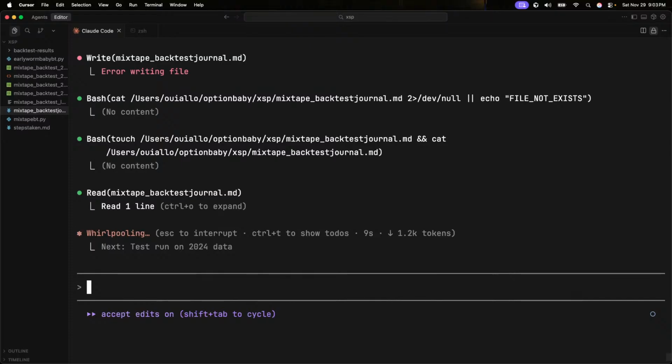So I like to do it that way, a little bit more manual, so I can see what happens, so we can really understand our strategy.